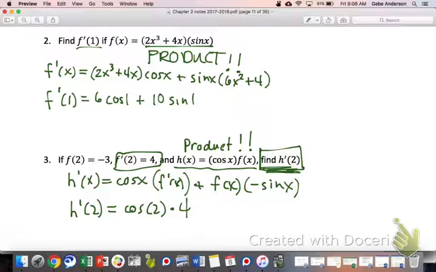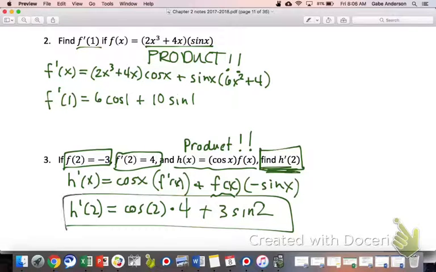And I'm going to move this minus out front here. This is going to be f of 2, which we were told earlier is negative 3. Oh, so that's going to become plus 3, isn't it? And then sine of 2 would go right there. If we don't have the calculator, that's about as far as we can go. And I would say for sure this would be a no calculator setting.